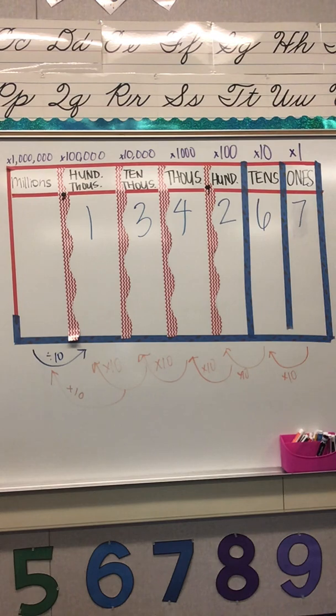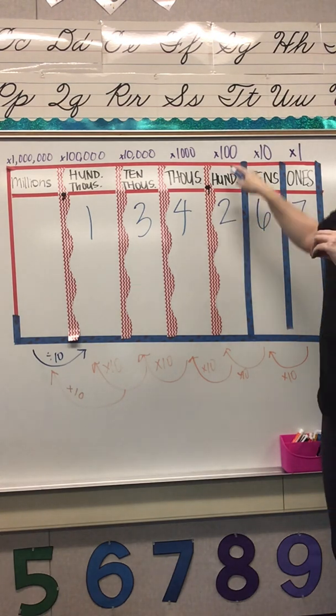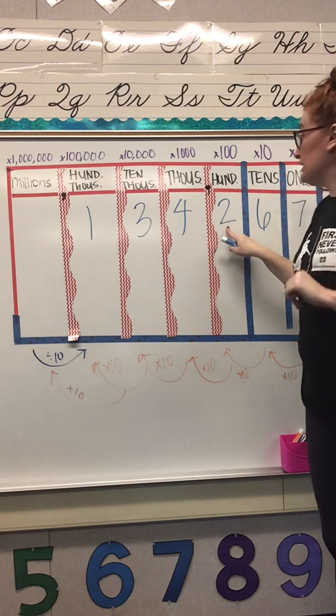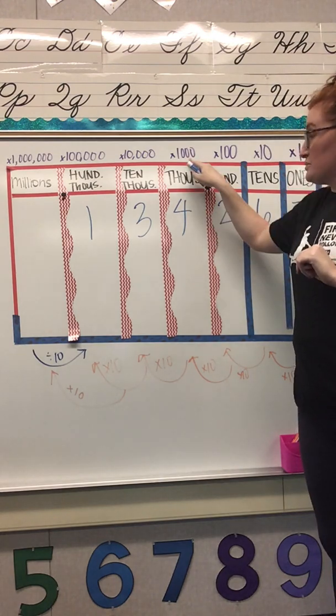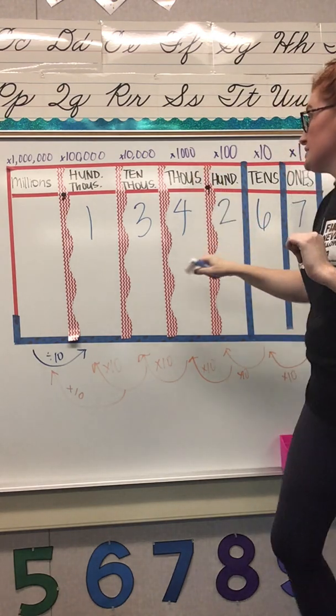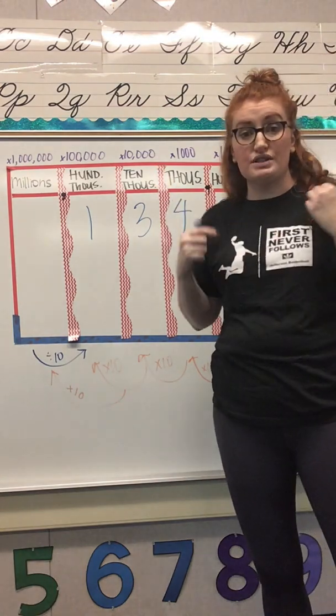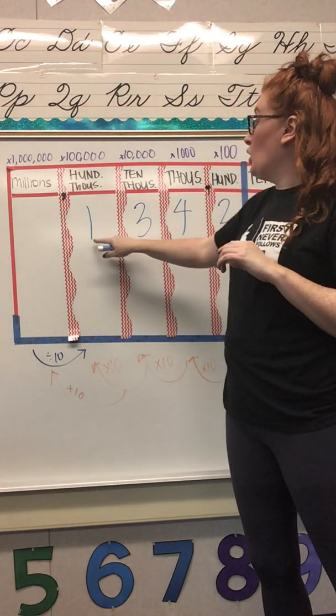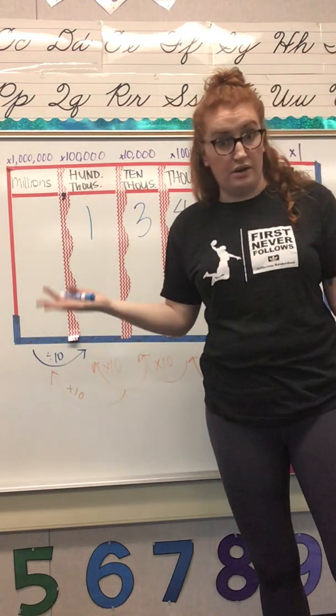So if I were trying to find the value of this number, what would I do? 7 times 1, which means 7. 6 times 10, which is 60, because that means I have 6 tens. 100 times 2, which means I have 200. 4 times 1,000, which means 4,000. 3 times 10,000, which is 30,000. 1 times 100,000, which is 100,000.